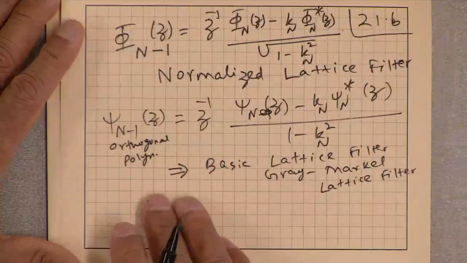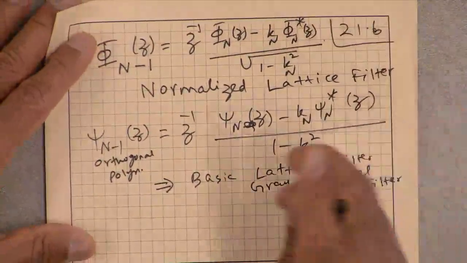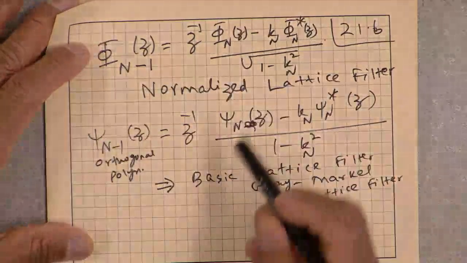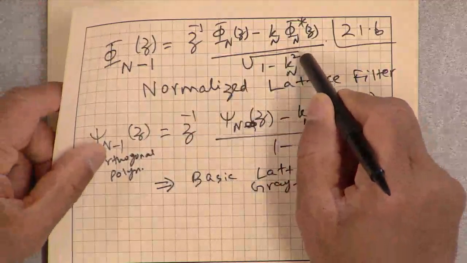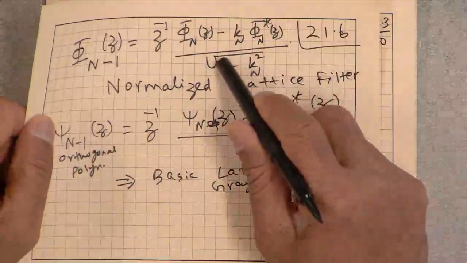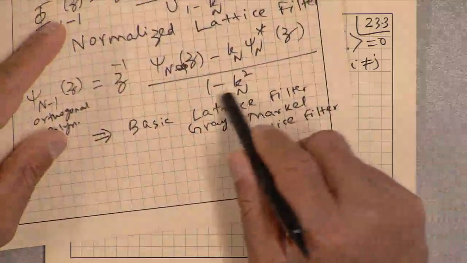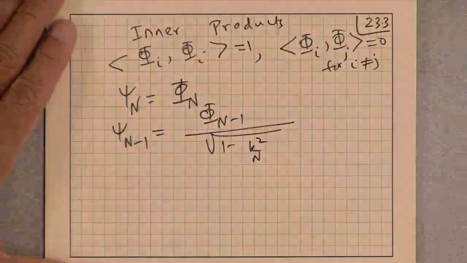Let's take a look at what I am saying. Imagine for degree n, phi and psi are all the same. If I have phi n minus 1, in the denominator I introduce another square root of 1 minus kn squared, and square root times square root becomes itself. That becomes the equation for psi.